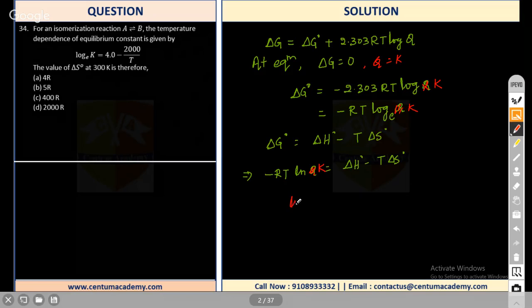Okay. So now ln K is equal to delta S naught divided by R minus delta H naught divided by R into 1 by T. So now you can easily compare this equation and the given equation. You will get delta S naught divided by R is equal to 4, and delta H naught divided by R is equal to 2000.